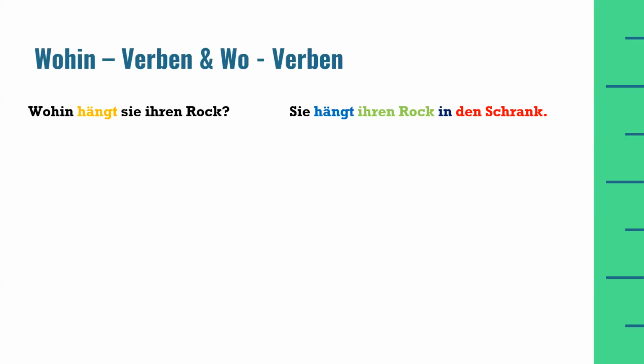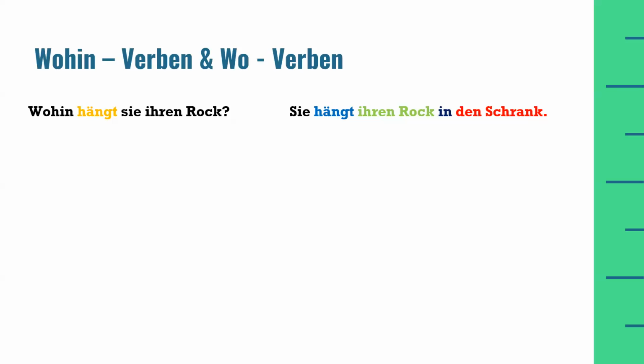Sie hängt ihren Rock in den Schrank. She is hanging her skirt in the cupboard. Sie hängt ihren Rock. Ihren is used because Rock is a masculine noun, and since it is in accusative case, because the Rock is used as an object and an object is always accusative, so we will use the possessive pronoun ending from the accusative case, which is ihren.